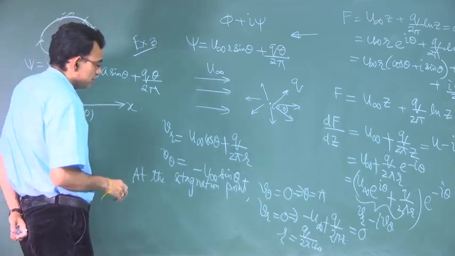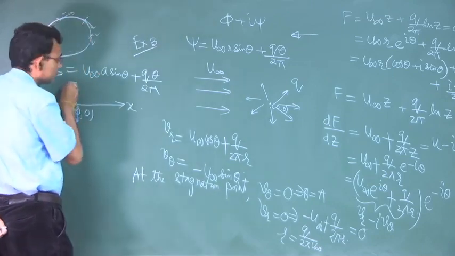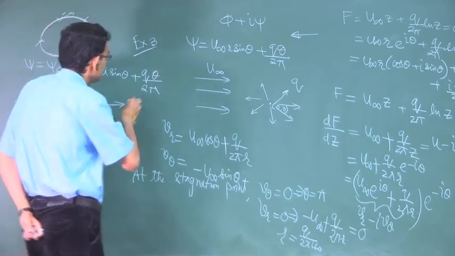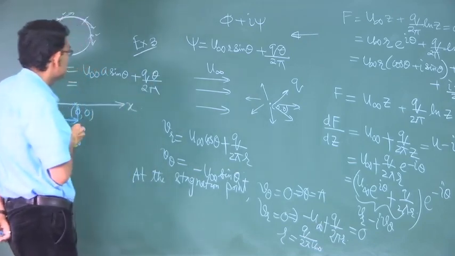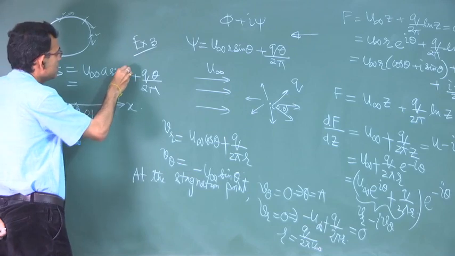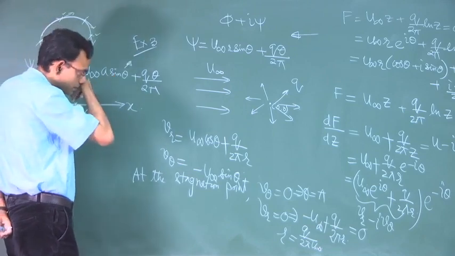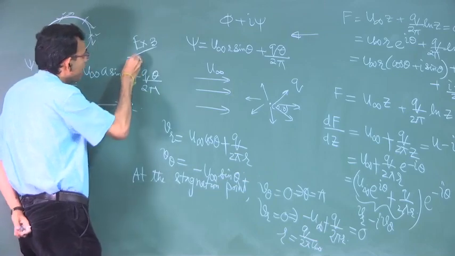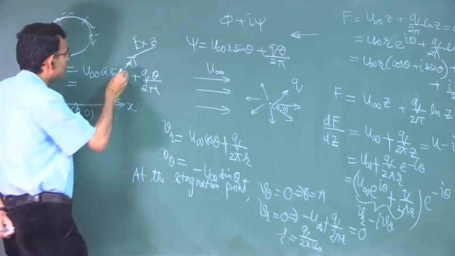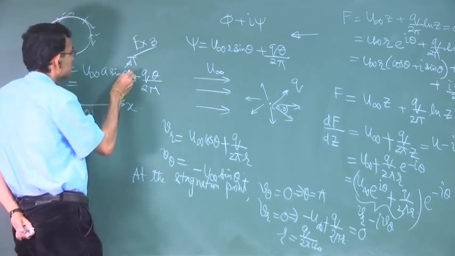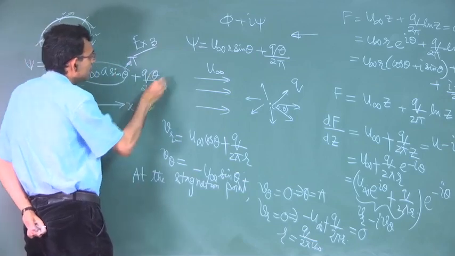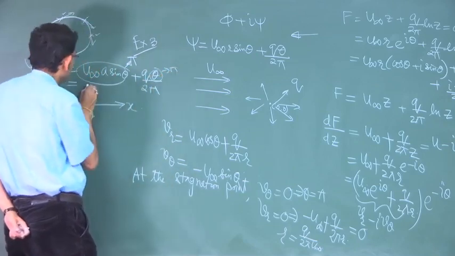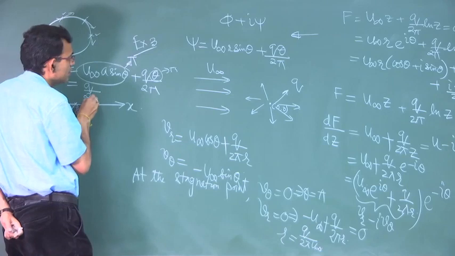So, this theta is pi, right. So, this becomes 0 and this is q by 2.